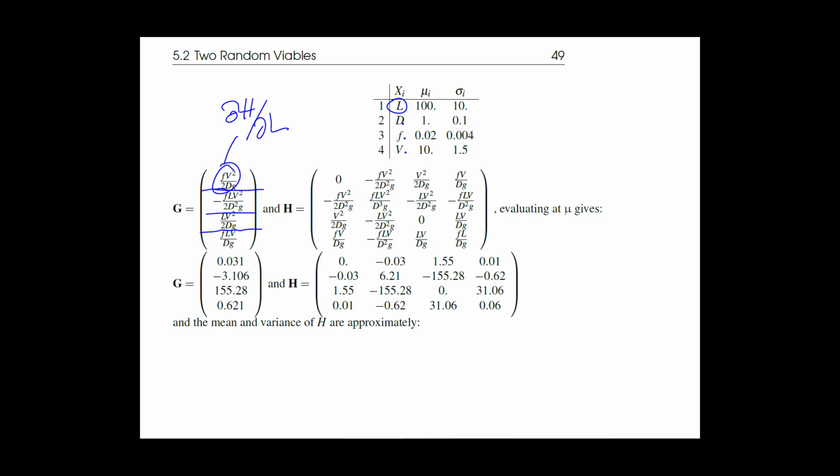For the Hessian, the same thing. Let's take this one for example. It's the second derivative of the function h with respect to, it's the first row, so L, and the third column, so the third variable is f: L, f.